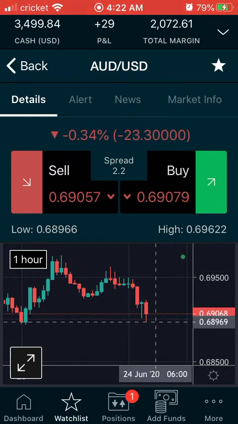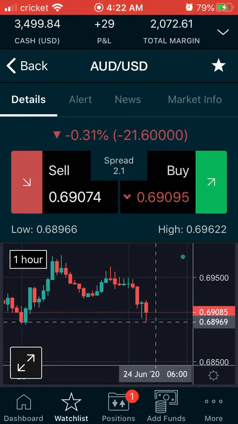So let's see, support is at that level. Let's see if it's going to be able to hold or actually break through this support level of 0.6896.